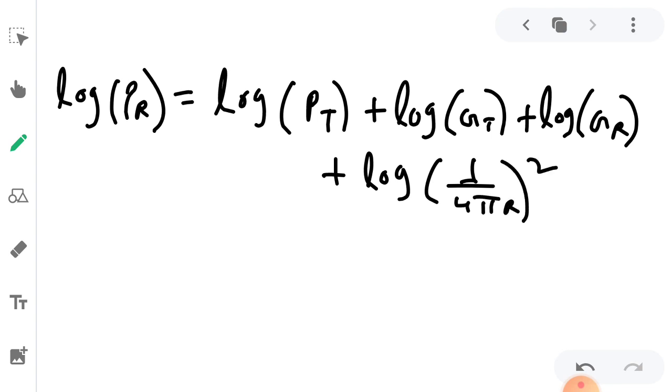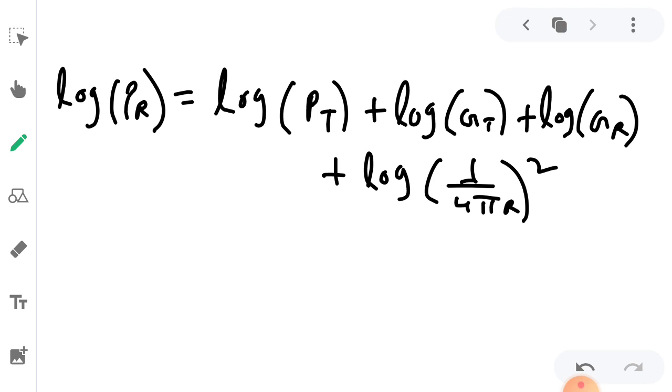On the right hand side we had log of PT into GT into GR into lambda by 4 pi r whole square, and we write it as log PT plus log GT plus log GR plus log of lambda by 4 pi r whole square.